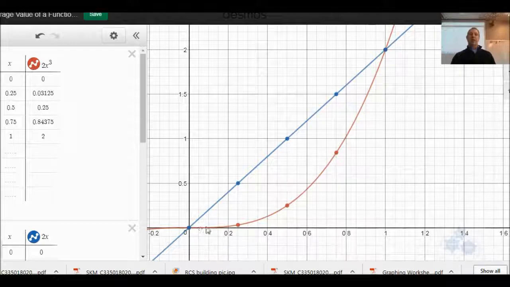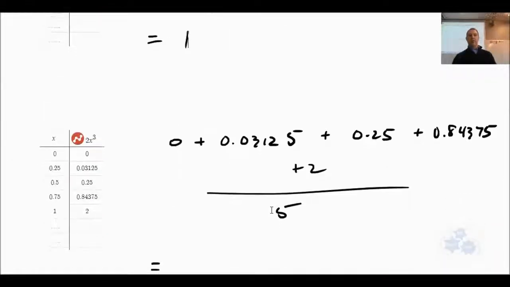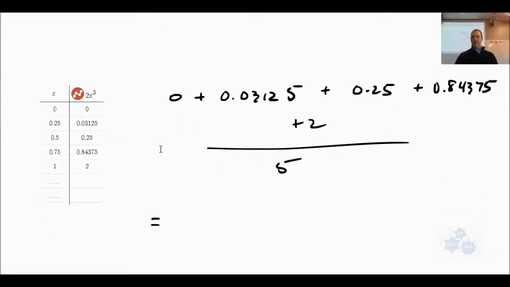Because this graph basically hangs out down low for most of the interval and then sharply jumps up to meet at y equals 2. So if we take a look at these values that are taken again at equal intervals, and we add up these y values to get an average, divide by 5, this is what we're going to end up with. So here's the working of the second graph, where we have all of this divided by 5.